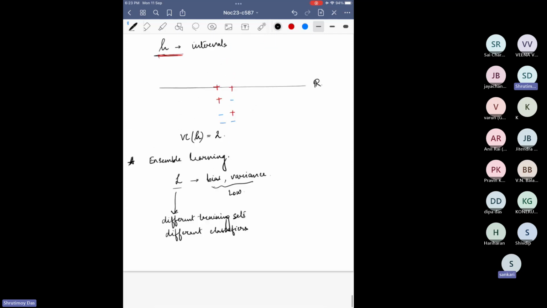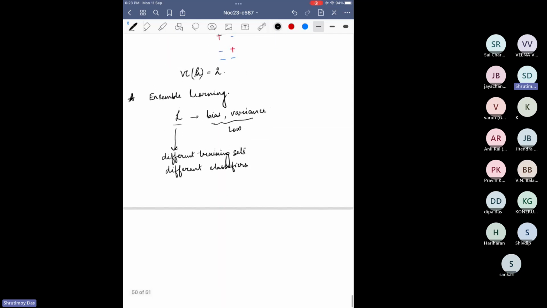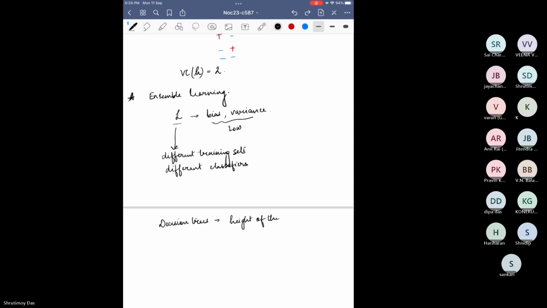Let me give you an example. You learned about decision trees, right? If you remember, in decision trees, if the height or the depth of the tree is large, you get a model which overfits to the training data.